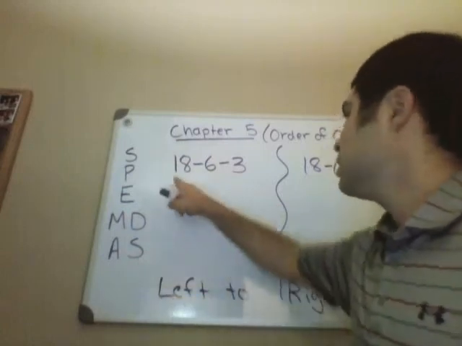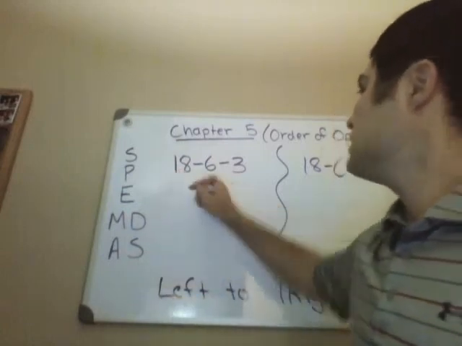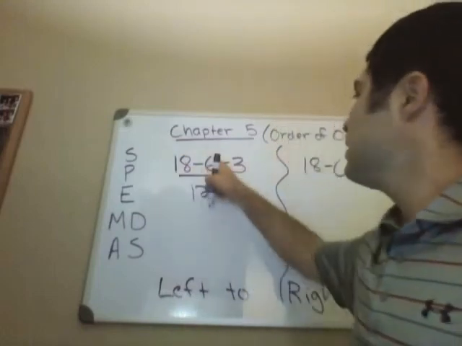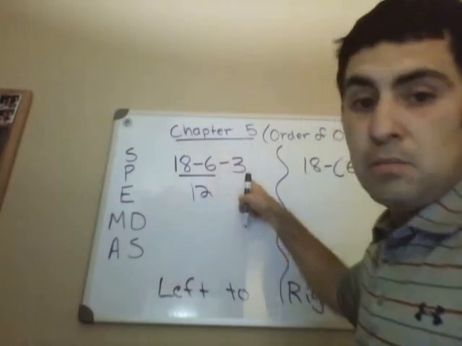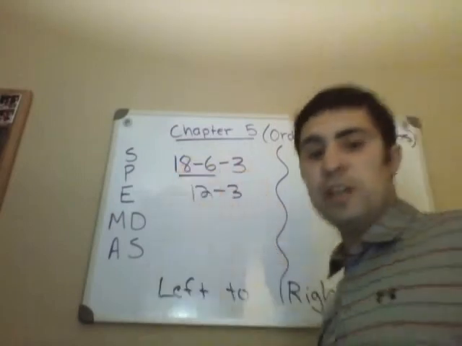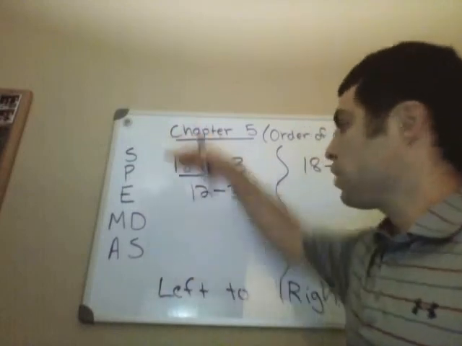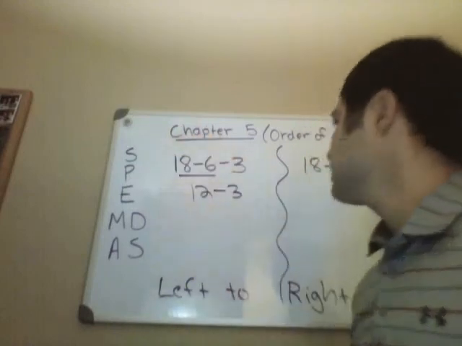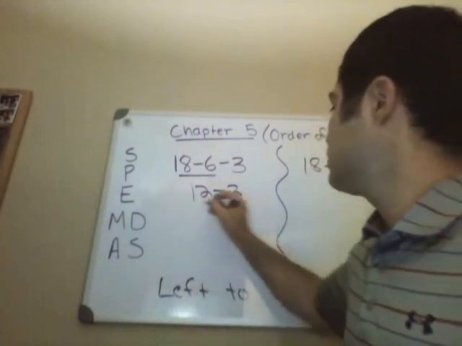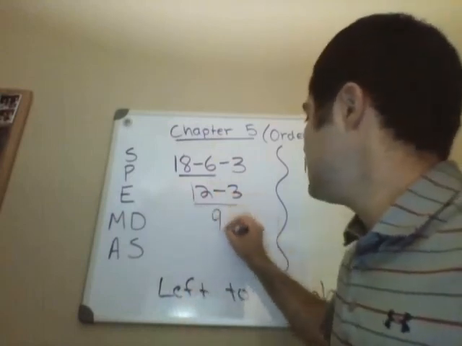Very important. So 18 minus 6 is going to be 12. I evaluated that. Did I do anything with the 3 yet? No, I haven't, so I bring it straight down. And this is how I want you to do it on your homework as well. Work down, just how I'm demonstrating here. Then we have 12 minus 3, which is going to be 9.